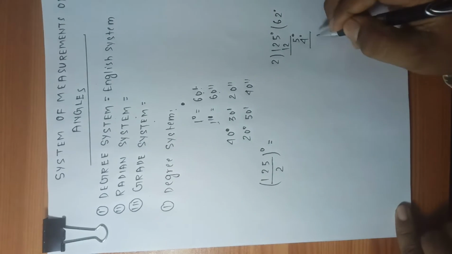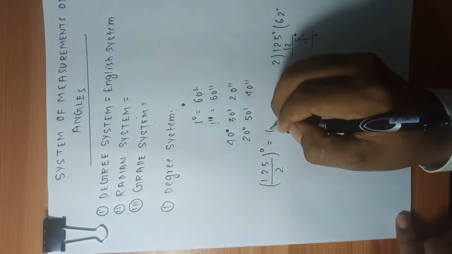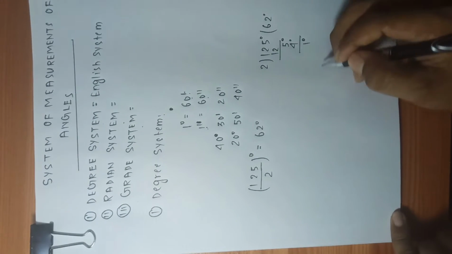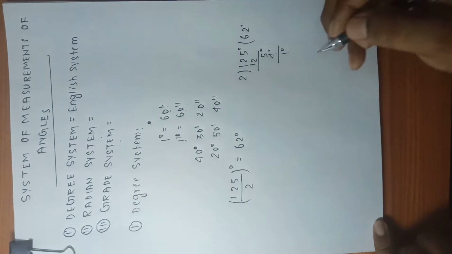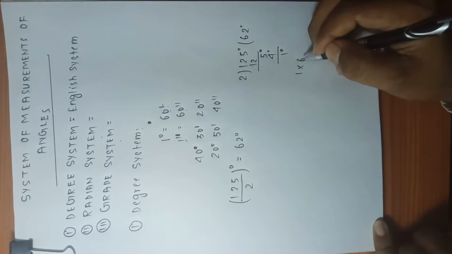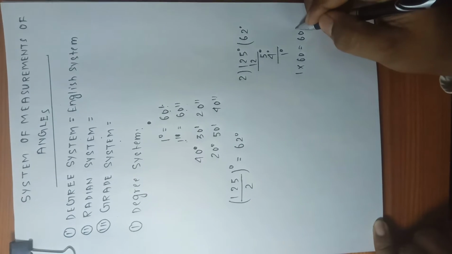Here 1 degree will be remainder, so we write 62 degree, and this 1 degree we have to convert into minutes by multiplying by 60. So 1 into 60 is 60 minutes.